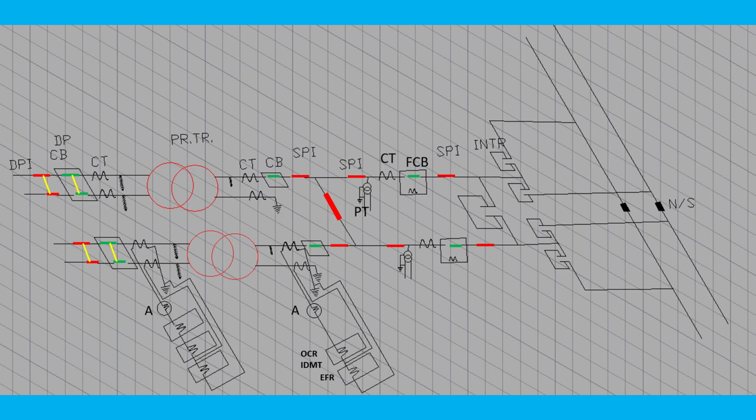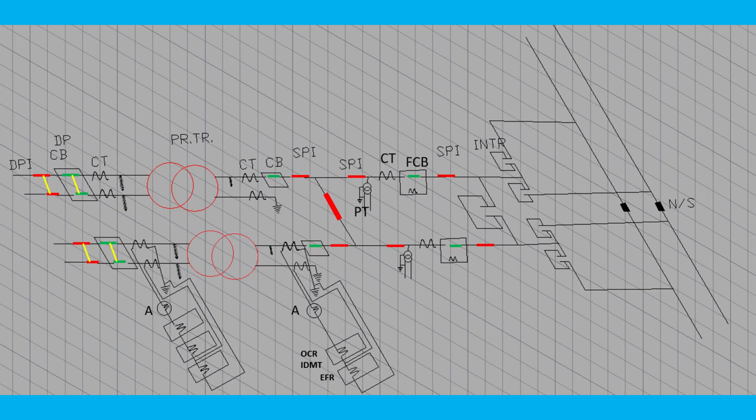So this overload is permitted by this IDMT delay. But if there is a huge fault, mainly in the HV side, then the overcurrent instantaneous relay will act.